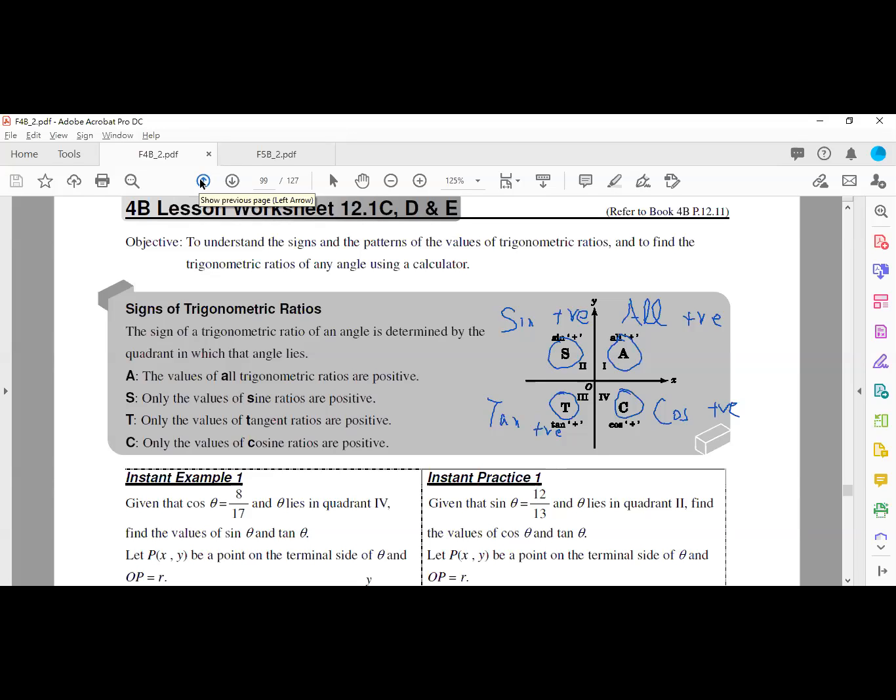Okay? If it is quad 4, then only cosine theta is positive, which means that sin theta is negative and tangent theta is also negative. It's okay?